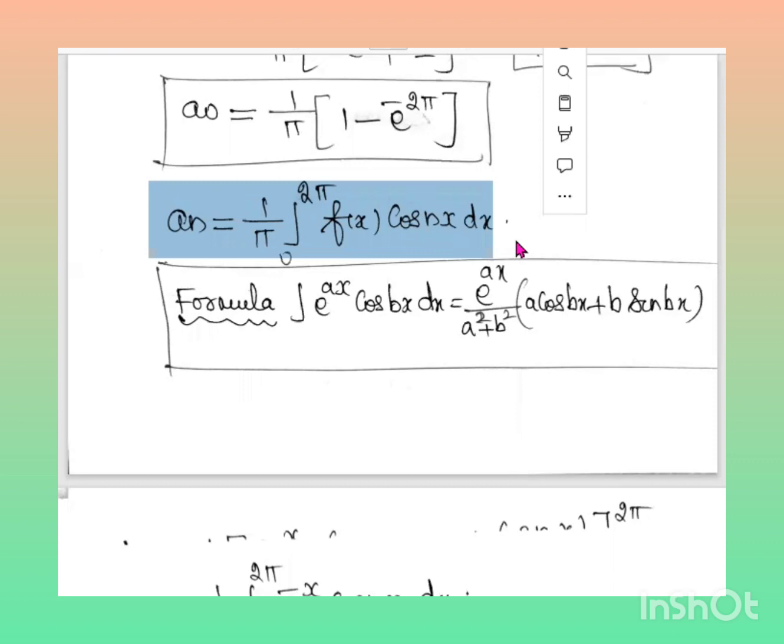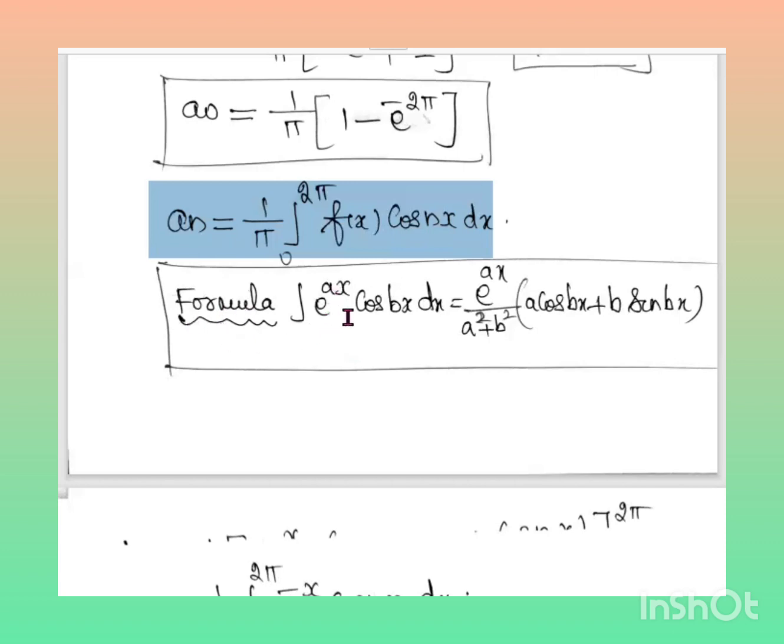As I already explained, here we cannot use Bernoulli's formula, because e^(-x) cos nx, e^(-x) is not a polynomial. There should be x² cos nx or x cos nx, where u = x, and u', u'', u''' must become 0. Then only we can use Bernoulli's formula. Here we cannot use it, so there is another formula.